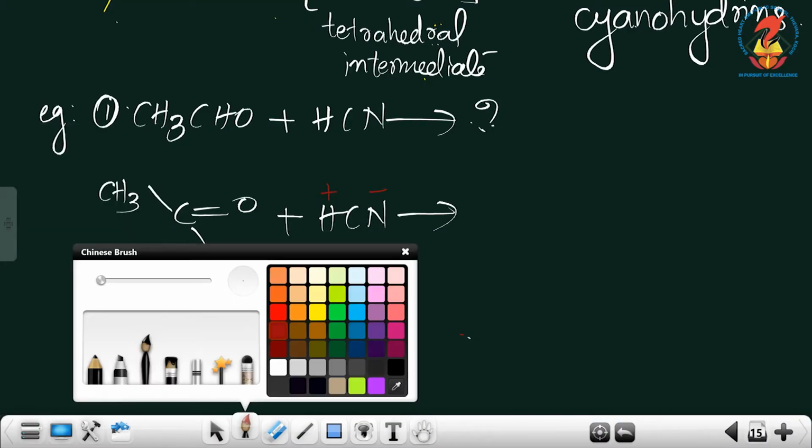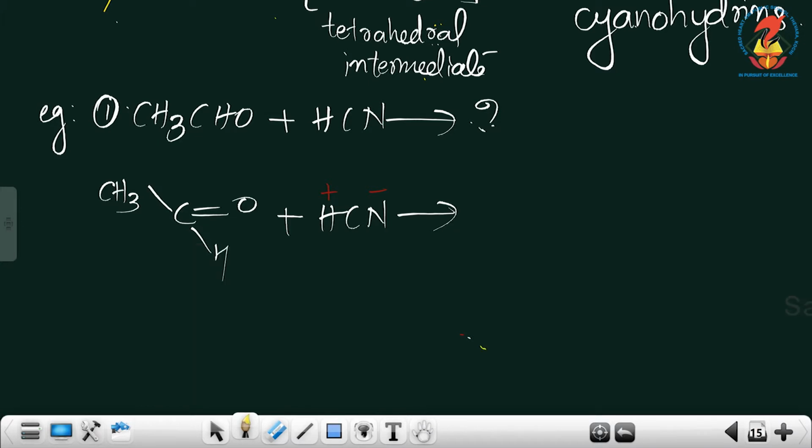Now the polarization of C double bond O: carbon delta plus, oxygen delta minus, and always remember the pi bond will be shifting towards oxygen. This arrow is compulsory. Now after the shifting, this carbon becomes completely positive and this oxygen becomes completely negative, and the double bond O will become a single bond O.